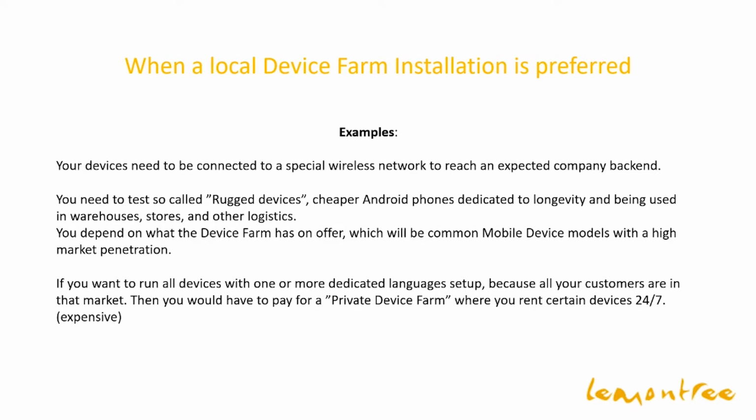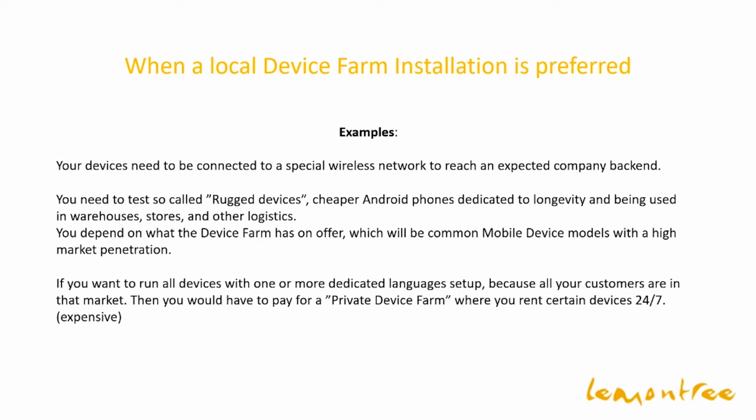A local device farm installation is preferred, for example, if your mobile devices need to be connected to a special wireless network to reach an expected company backend. That is very hard to set up in a cloud device farm. Or if you need to test so-called rugged devices.